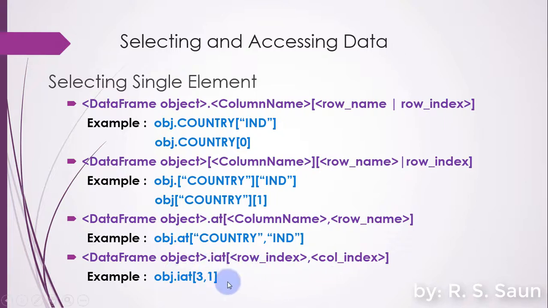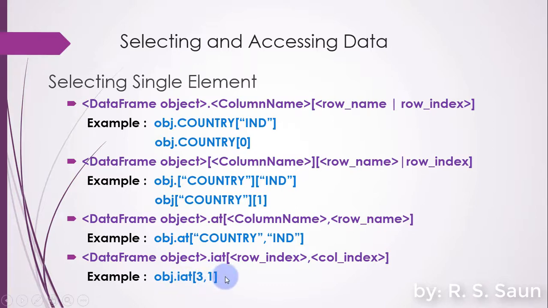Here we have specified a DataFrame object followed by .iat. iat means integer at, row index and column index. Now notice the difference between these two methods. Here I have specified a column name first, but here I have specified a row index. And the next is we have to specify row label. Here we are going to specify column index. Here is the example obj.iat 3, 1.